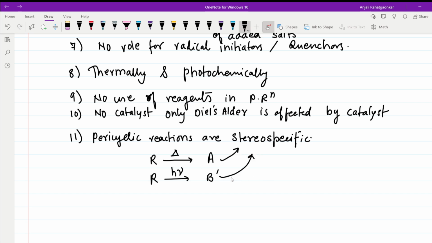If you got only A, the reaction would be stereoselective. But here both reactants are the same and you are getting different products. It means that by changing the reaction conditions, the reactions are stereospecific. We will see later on one by one.